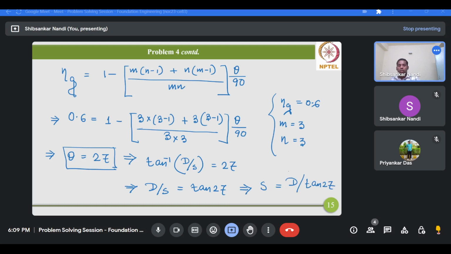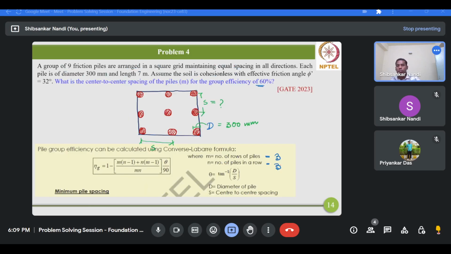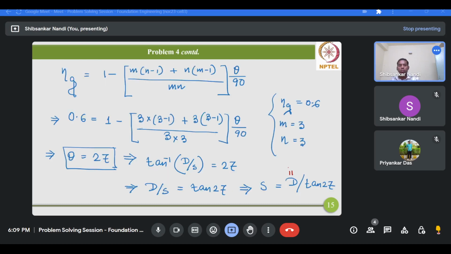Now what is the value of d for the given problem? It's 300 mm, that means 0.3 meter. Therefore the center to center spacing for the pile group efficiency of 0.6 would be 0.3 divided by tan 27, so 0.58.